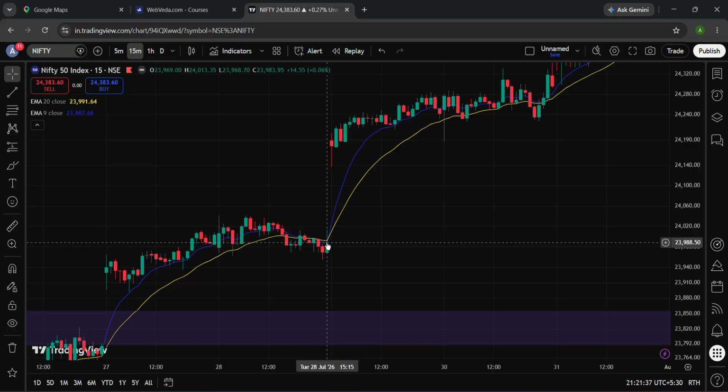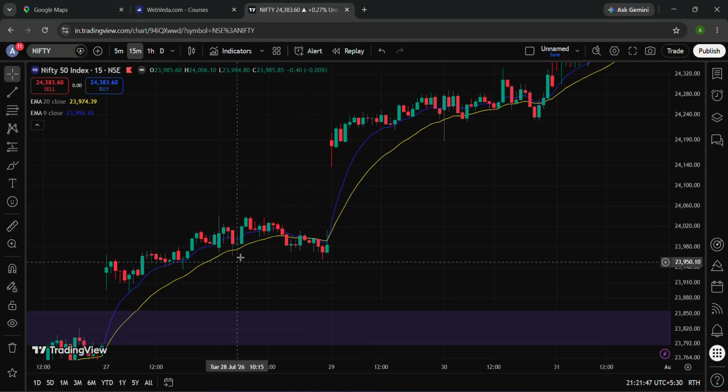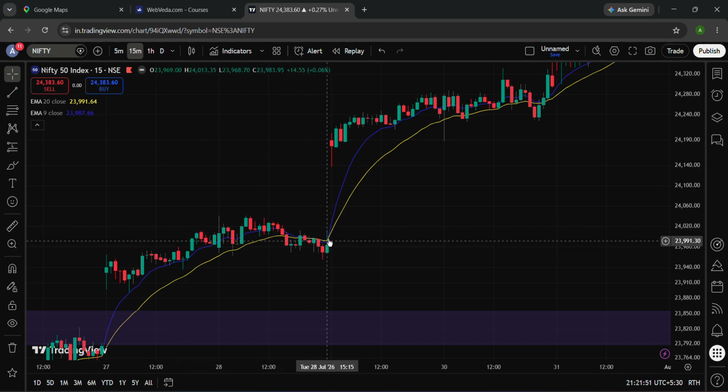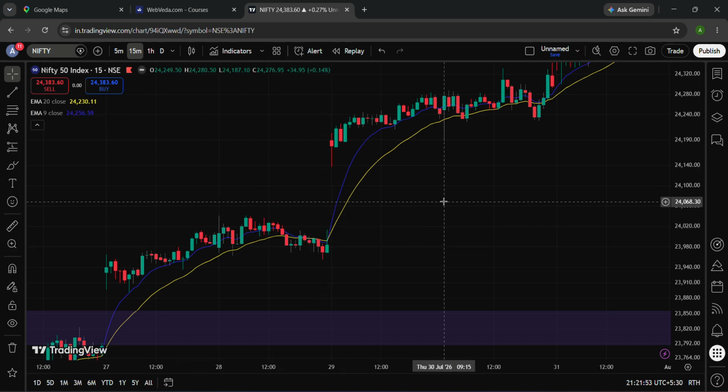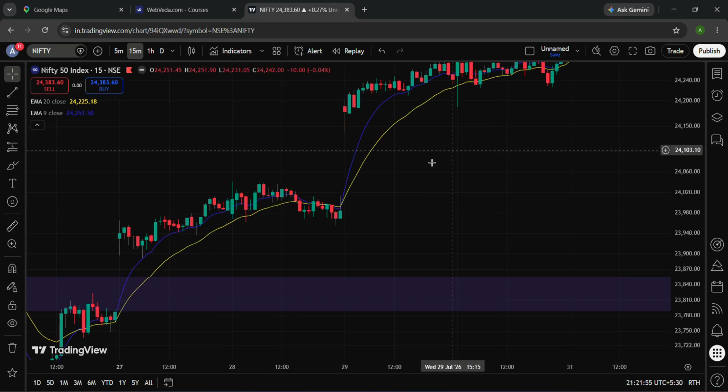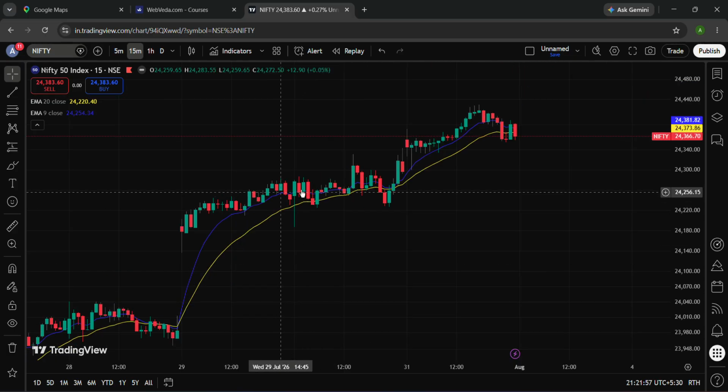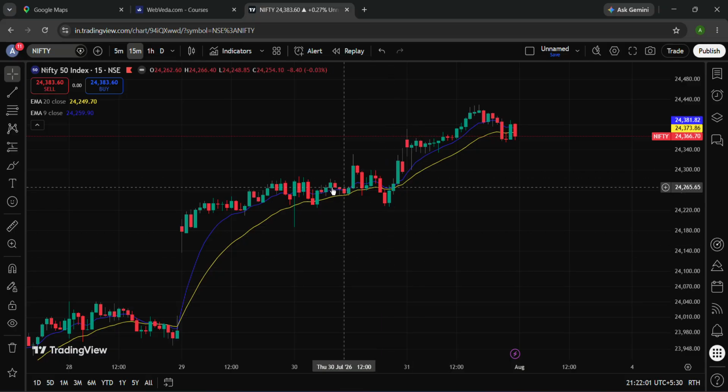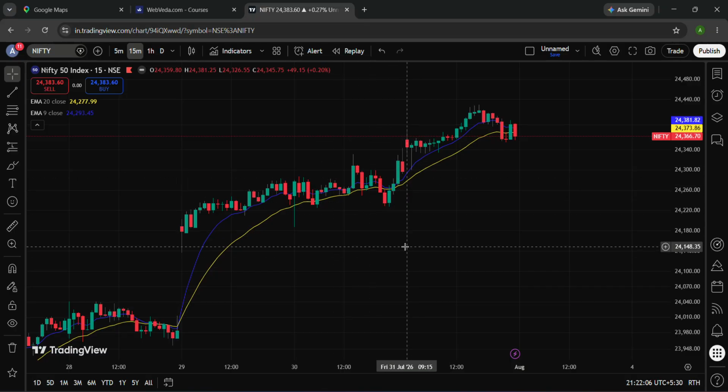When the blue EMA line crosses from the downside to the upside of the yellow line, that becomes a buy signal for us. The vice versa also happens: when the blue line crosses from upward to downward of the yellow line, that becomes a sell signal for us.